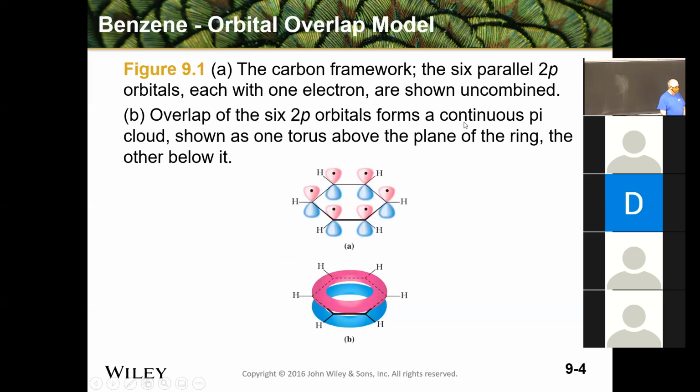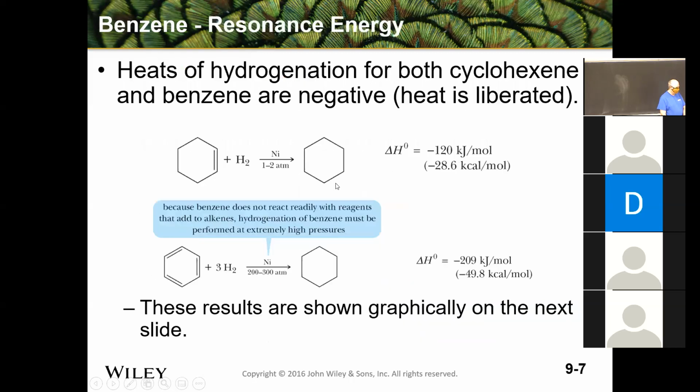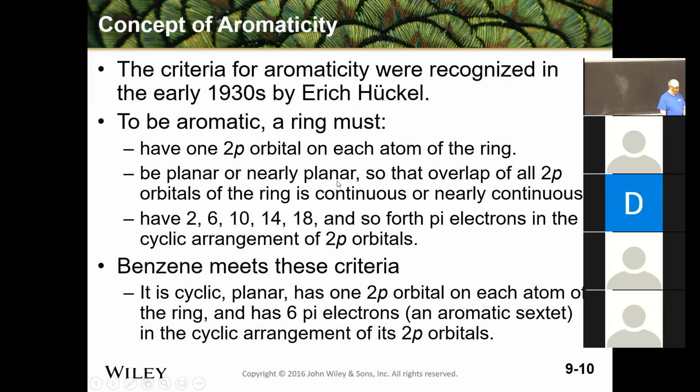Let's go back a few slides. So benzene is planar. Every atom in the ring has an unhybridized p orbital. There's continuous overlap. There are some other rings that are also aromatic. There are only certain numbers of pi electrons that are allowed for a compound to be aromatic.